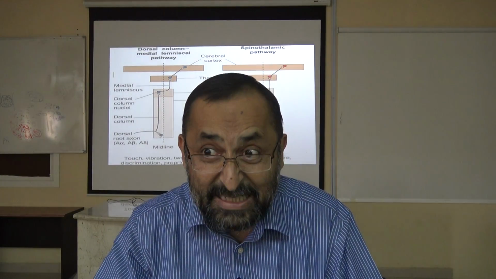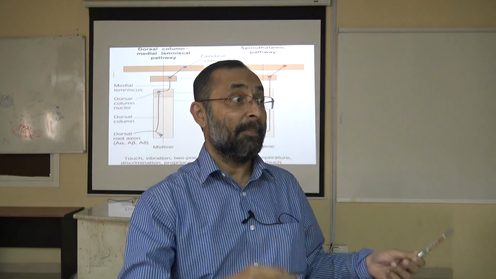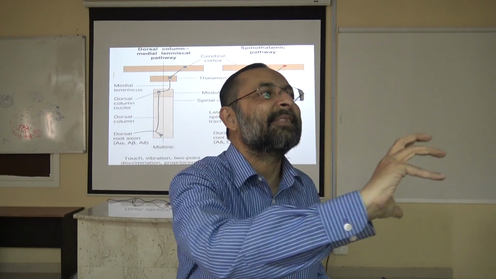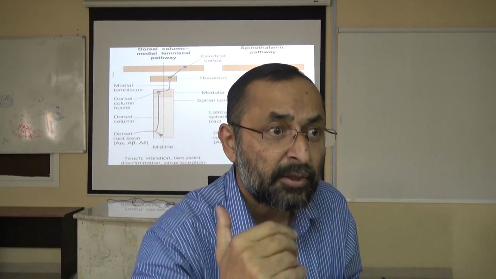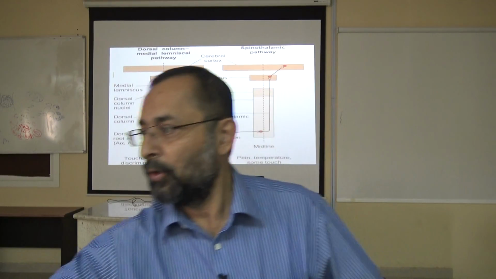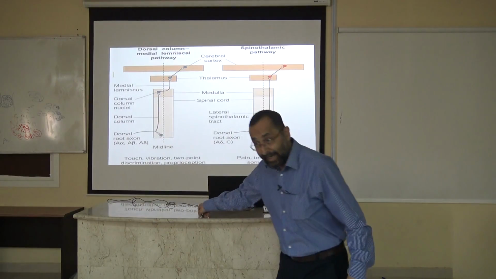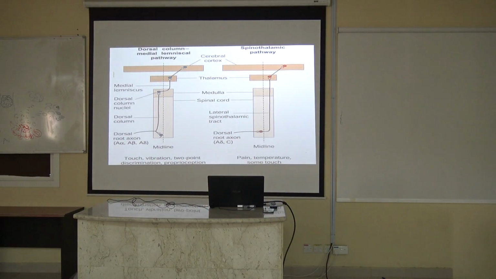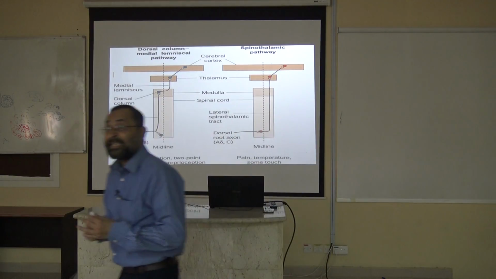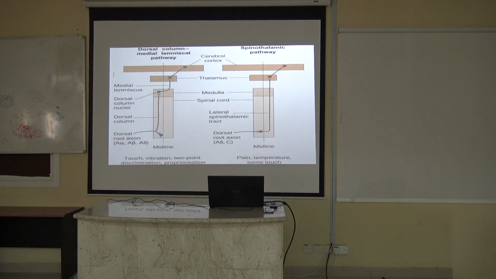This is called tactile localization. My brain is localizing the touch. Tactile means touch. Anything which is related to touch is tactile. I'll again take the pen. If you want to write anything, you can write. So the first thing is tactile localization. Fine touch includes two things.